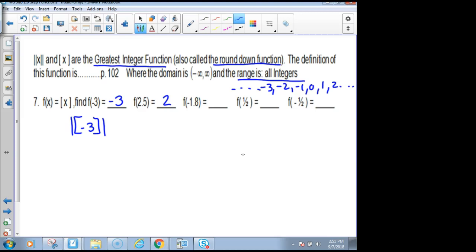Negative 1 or negative 2? Negative 2. Okay, so if it helps, you want to think like this. Negative 1.8 would be between here. Rounding down would have been negative 2. Okay, 1/2. What do you round down to? 0. And negative 1/2 rounds down to negative 1.